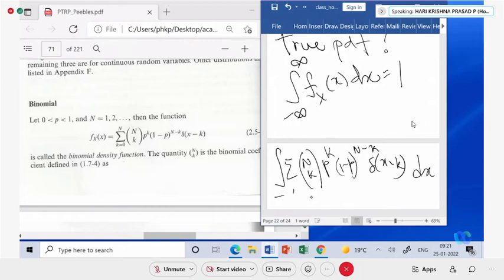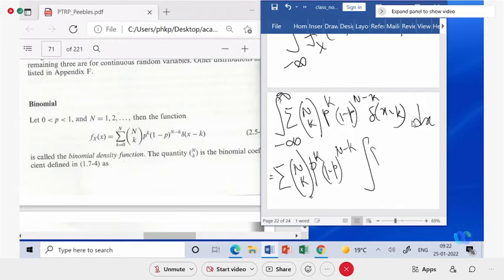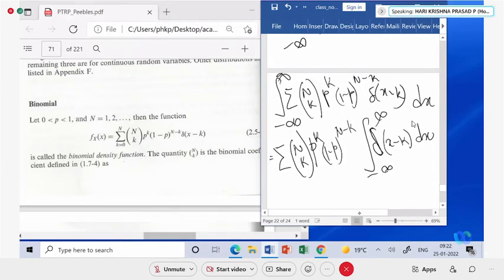So how do we evaluate this integral? Constants, let us take them out. These are all constants, right? So which term will remain in the integrand? It is simply delta of x minus k, dx, from minus infinity to plus infinity. What is this value, please?